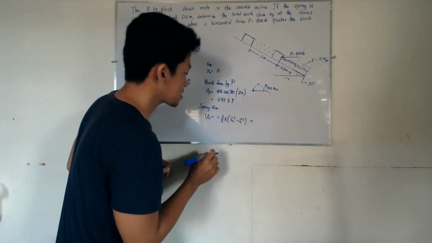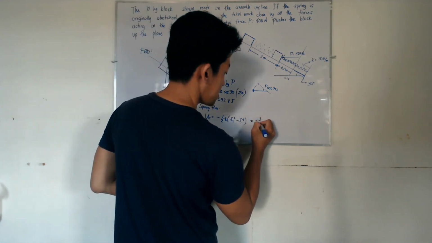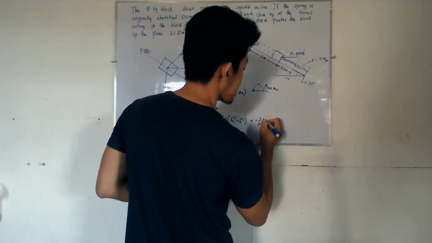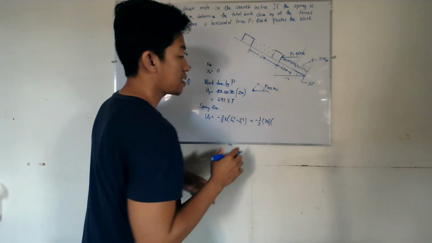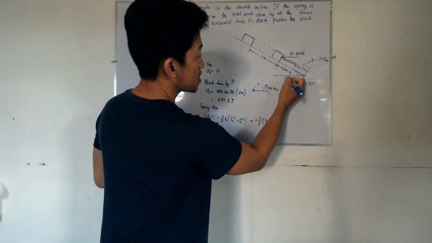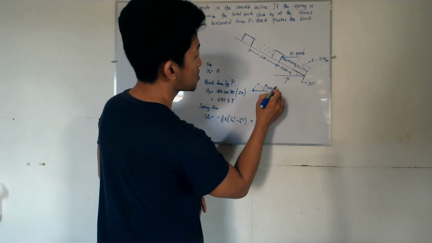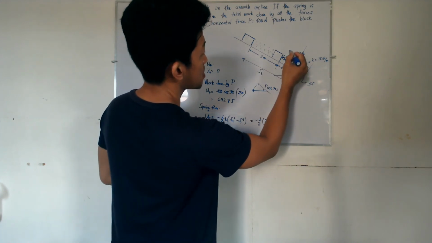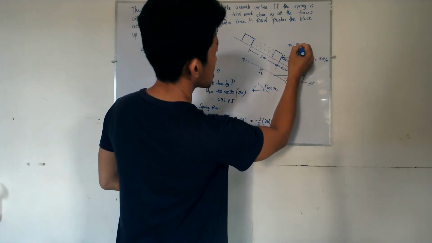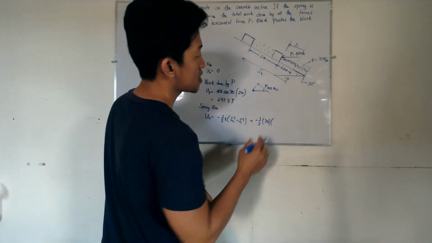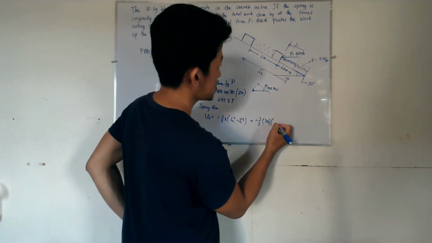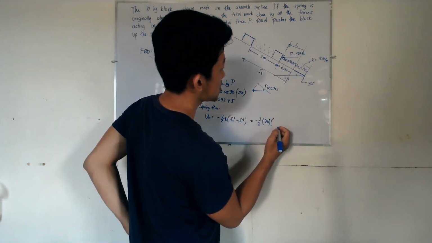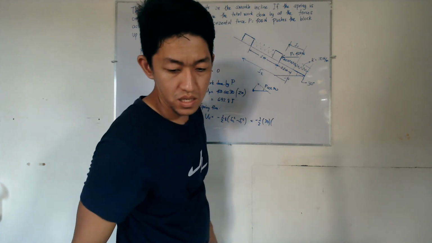So this is negative 1/2 times K, which is 30.